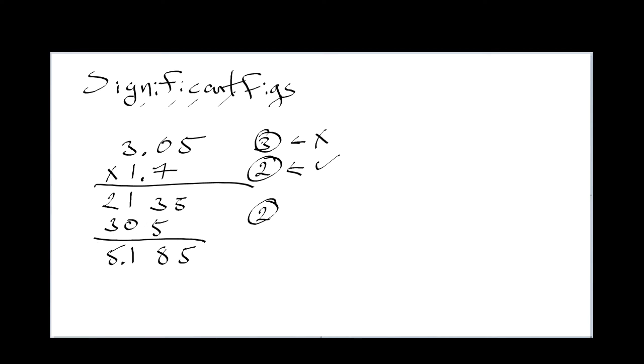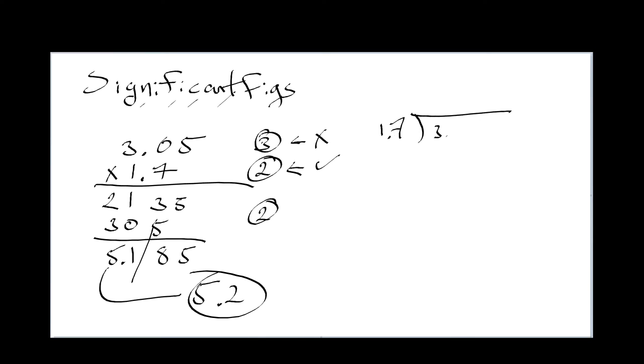And then you round it. And the exact same thing is true for division. This is 2 sig figs, this is 3 sig figs. Your answer is going to have 2 sig figs.